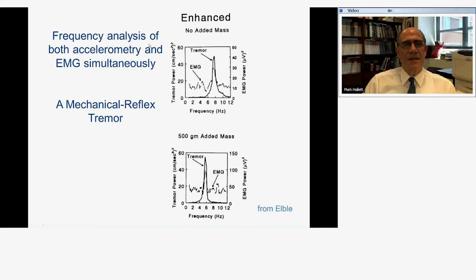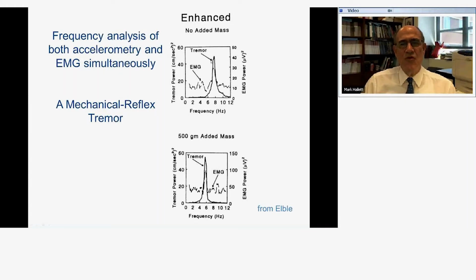Now, this second one, which is called enhanced, and I'll explain why in a minute, is a mechanical reflex tremor, where you have a short loop of reflex participating with the mechanical situation.